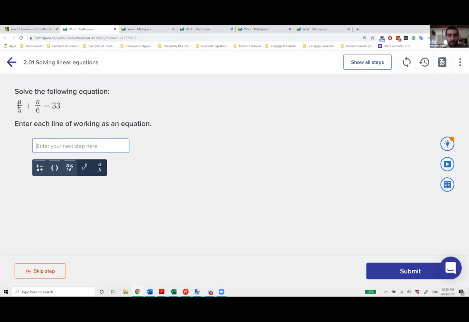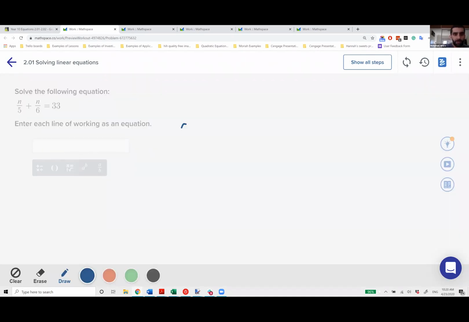If I multiply that by 30, that by 30, that by 30, I haven't changed the equation, because it's like putting 30 outside of the whole thing. Let me grab my pen on the sketchpad.